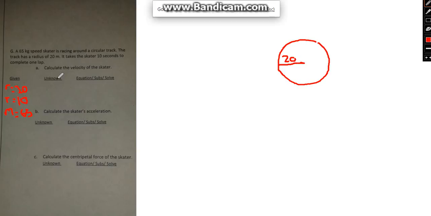Now, the velocity should be one of the equations on your chart. If you don't have it, go ahead and write this down. Velocity equals 2 pi r over t. Well, what a coincidence. We have every single one of these pieces.